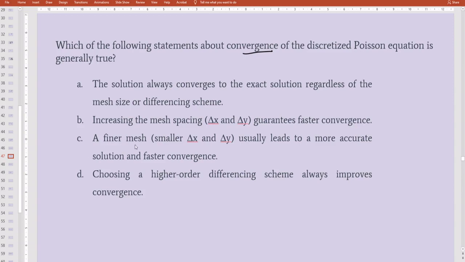Option C, a finer mesh, that is smaller delta x and delta y, usually leads to a more accurate solution and faster convergence. Option D, choosing a higher order differencing scheme always improves the convergence. This is a pretty easy question. Try to solve it.